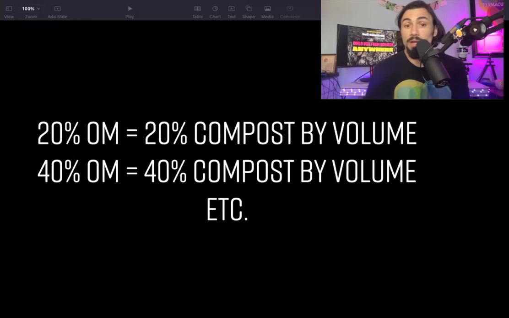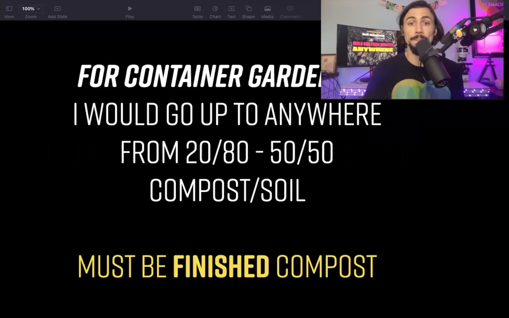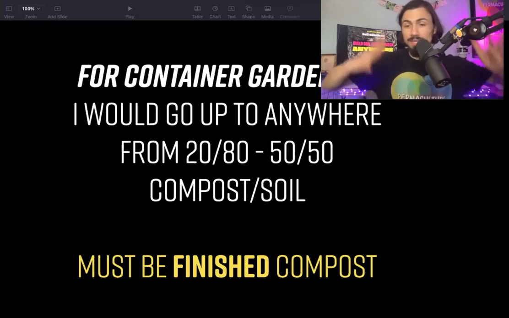And if you're doing this by volume, like people often ask me, what do I do for my potted plants? Literally you could be doing your compost by volume, and that determines your organic matter if you're mixing with regular soil. So for container gardens, I would go up to anywhere 50-50. And the reason I say not pure compost any longer is because when I was younger, I would say do pure compost, a la Elaine Ingham style.